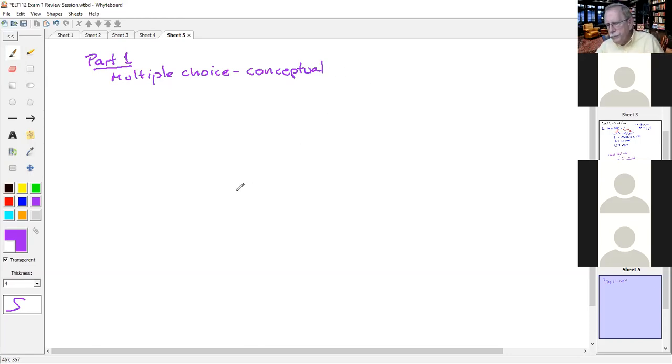More or less, do you understand what's going on? Also, did you read the textbook? Because some of the questions might be out of the textbook that we didn't necessarily mention in class. So if you didn't read the chapter, I would go back and read those, at least read the summaries at the back of the chapter if you haven't got time between now and then.